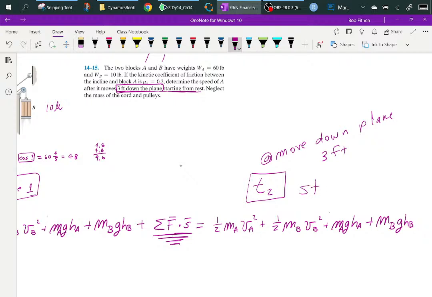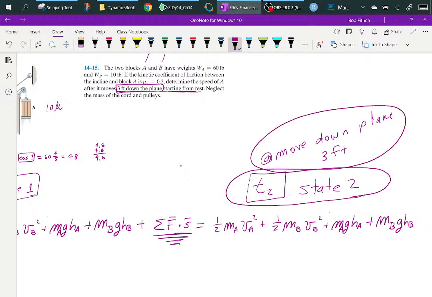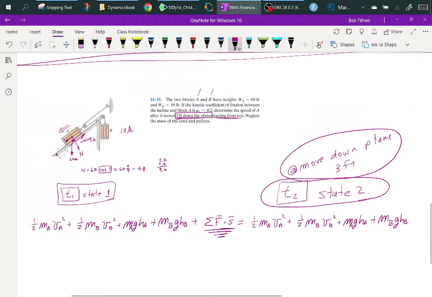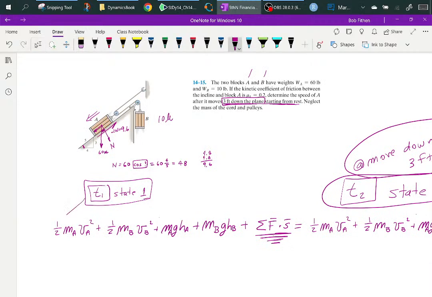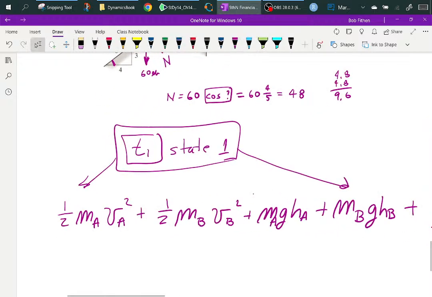And that's my state two. And that kind of defines what state two is. So now, first thing I'm going to do is go back and attack each one of these terms over here in state one. Easy for these because he said everything started from rest.